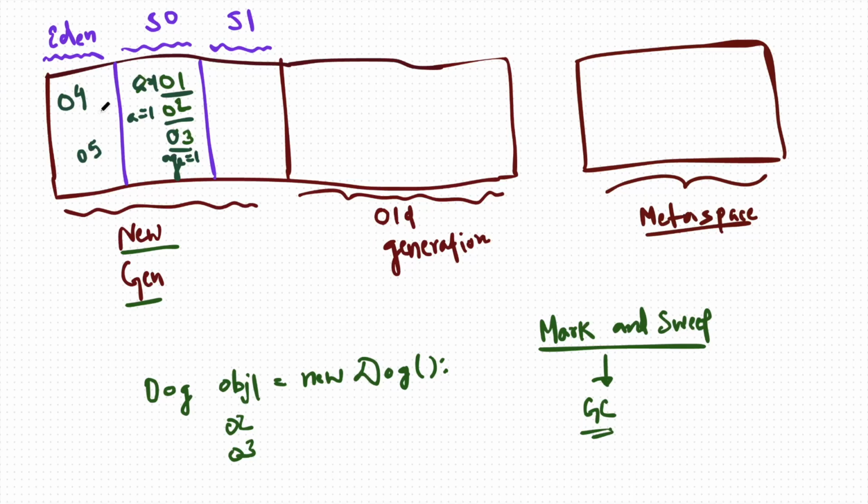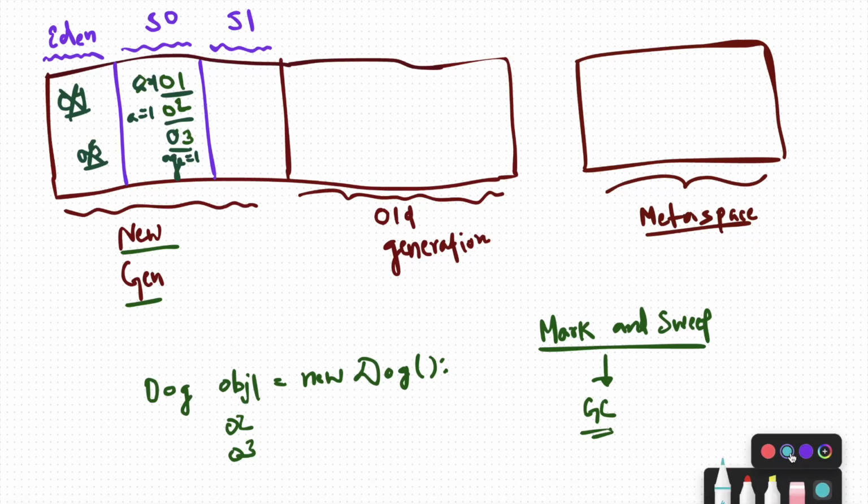Now after some time O4 and O5 also get dereferenced, and again the garbage collector will come and mark these objects, and then sweep them.